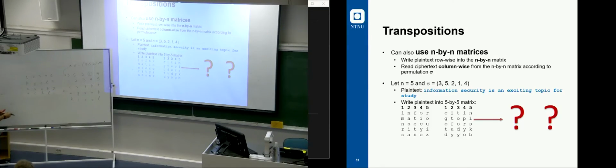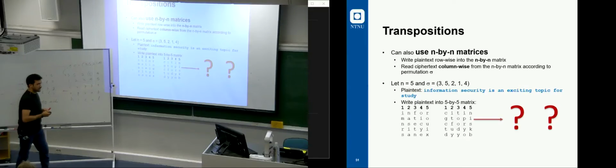And the second step was we need to read it row wise and write it down. And we did that: PYCTR, AROPG, then ACHLI, which was nothing but the ciphertext.